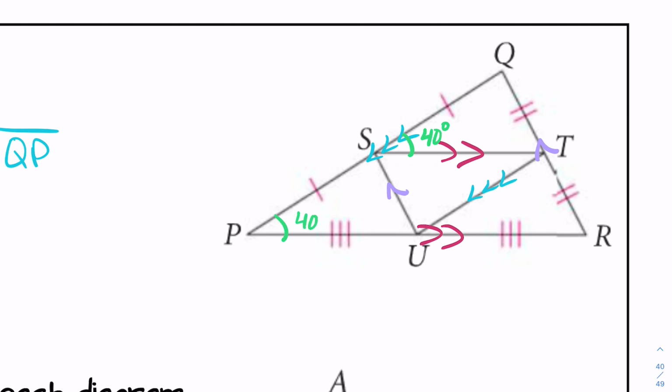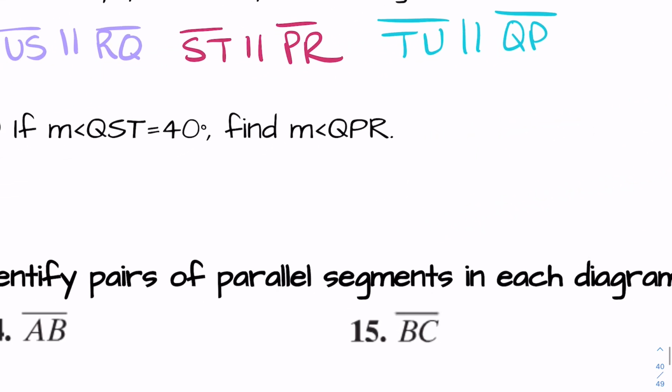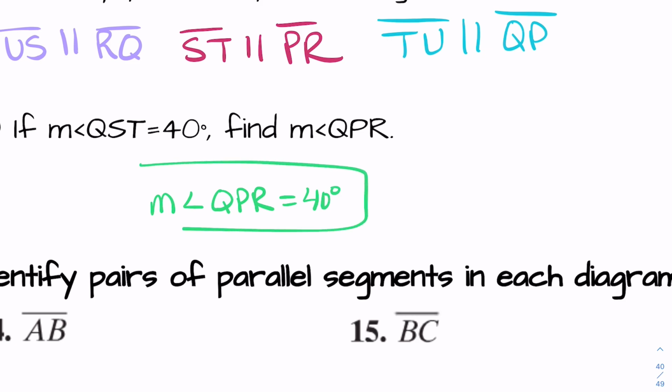So this one is also 40 degrees. See this corresponding? Goes right here, corresponds. So the measure of angle QPR is 40 degrees.